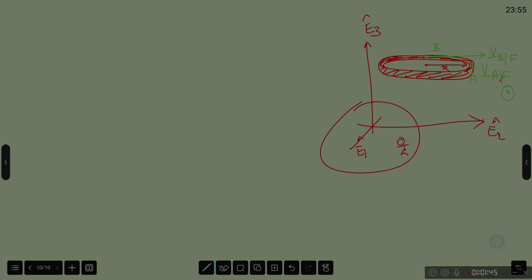Where will the ICR be? So I draw a line perpendicular to this VBF, and that will be somewhat like this, and I draw a line perpendicular to this velocity vector, which will be a line like this. I let them intersect at this point.